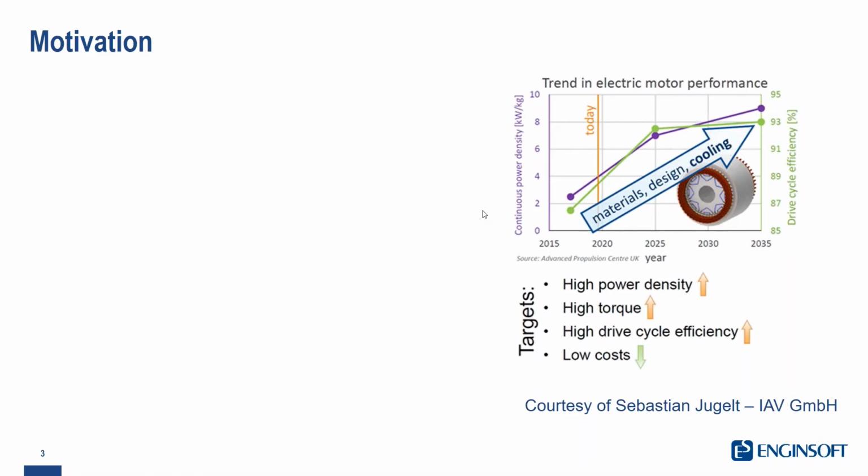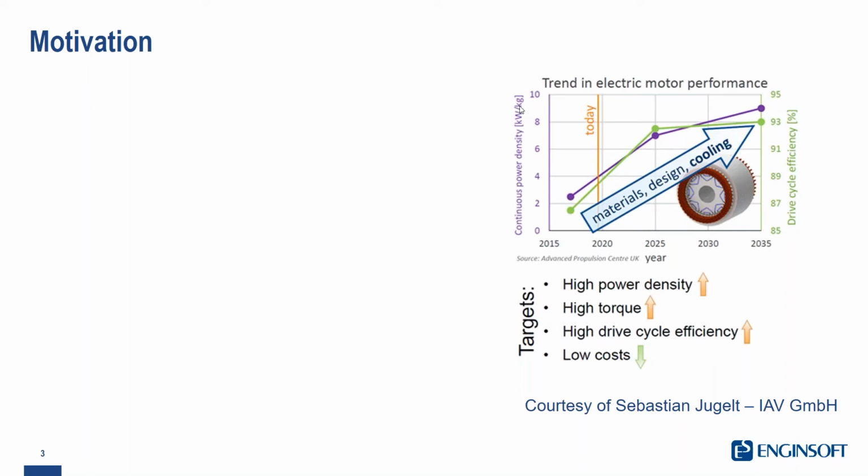The first aspect is shown in this chart. What you see is the continuous power density and the predicted trend for the next years. And what you see is that between 2020 and 2025, so in the next 5 years, there should be an increase in power density from 4 to 7 kilowatt per kilogram.